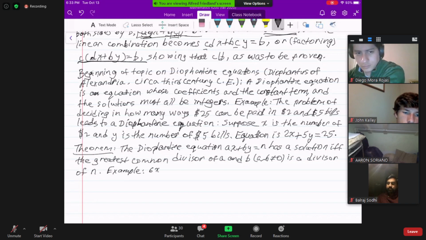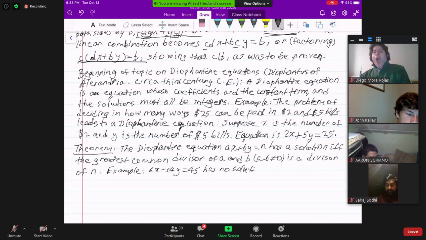So for instance, say 6x minus 14y equals 45 has no solution, because according to this theorem, the greatest common divisor of 6 and 14, which is 2, doesn't divide 45.